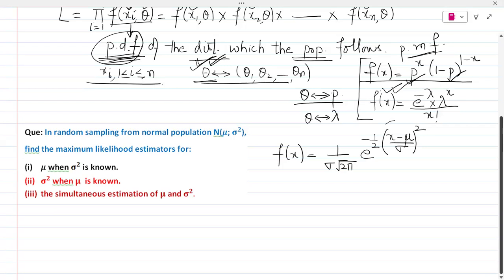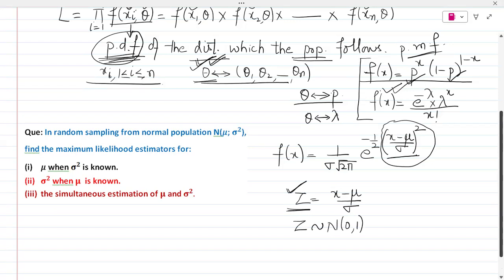Actually, this particular variable, x minus mu upon sigma, is a special variable. We give it a standardized symbol, that is Z. This Z is what we call the standard normal variate, because it always has mean zero and standard deviation one. What is this mu here?